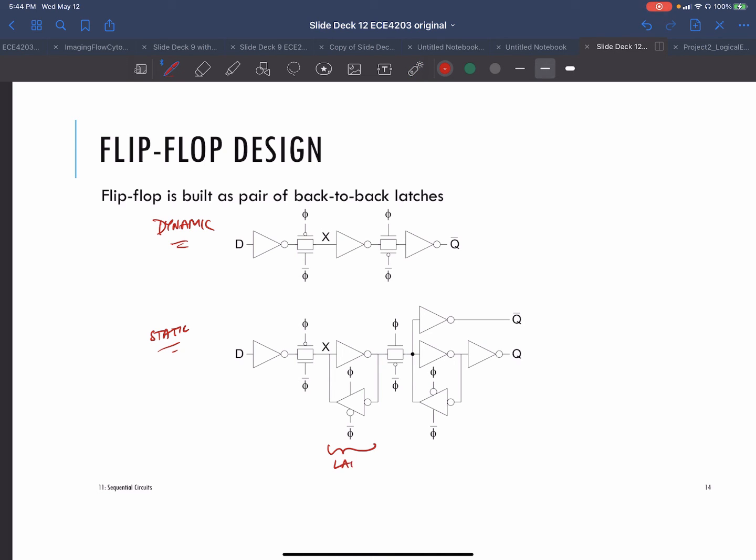So this is latch 1. This is latch 2. So let me just start by drawing the clock. Phi, and phi bar, which is just the clock inverted.